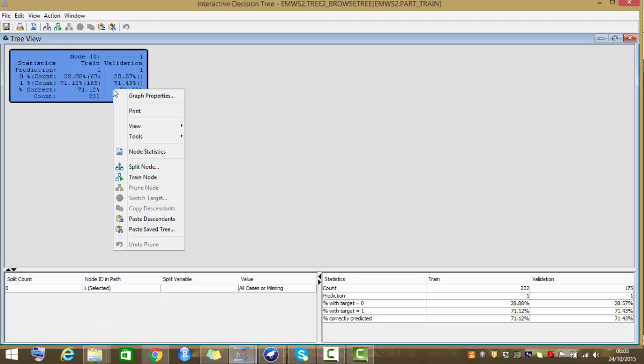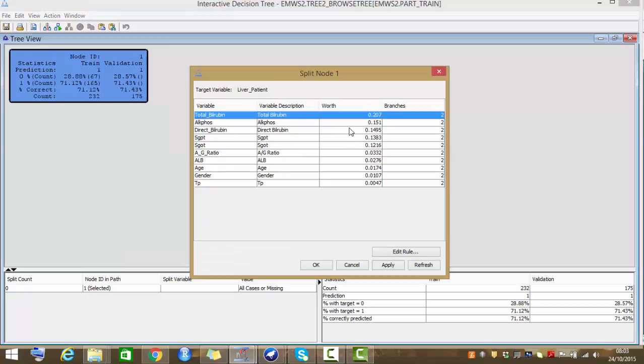We can decide the top node by using the split node. The most important point to note here is the statistic, the log worth. The log worth decides which variable is to be split. So the more the log worth, that is the variable being selected as the node.